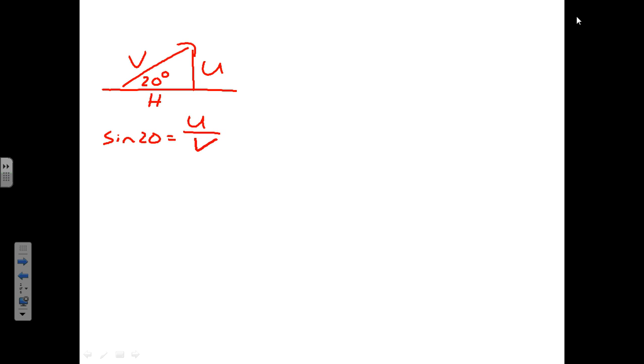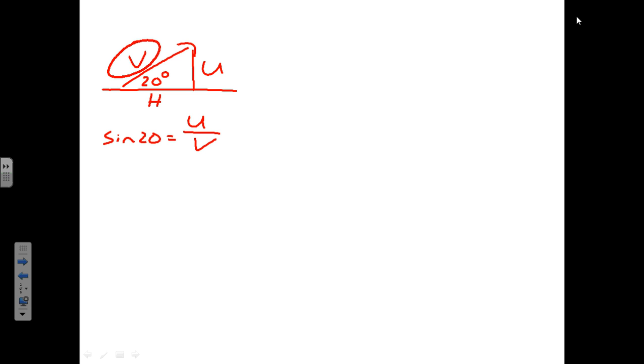So let's first of all draw out the velocity. So he's at an angle of 20 degrees. First thing I'm going to do is draw down and make some components. And I'm going to call this my up component, and this is my H component, horizontal. And I'm going to solve for those components. So I'm going to say the sine of 20 equals my up component over my initial velocity.